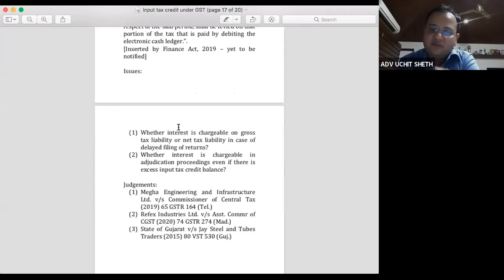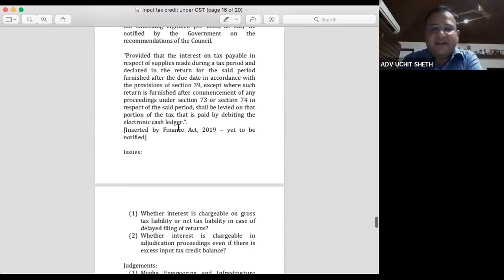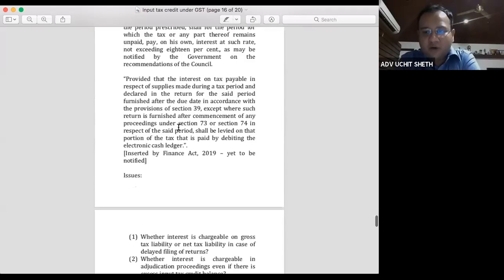The Telangana High Court takes a view that your actual liability is gross tax liability, so you pay interest on the entire amount. A contrary judgment was given recently by the Madras High Court in the case of Reflex Industries. Thereafter, in March, the GST Council has in principle agreed that it will retrospectively introduce this proviso in the statute.